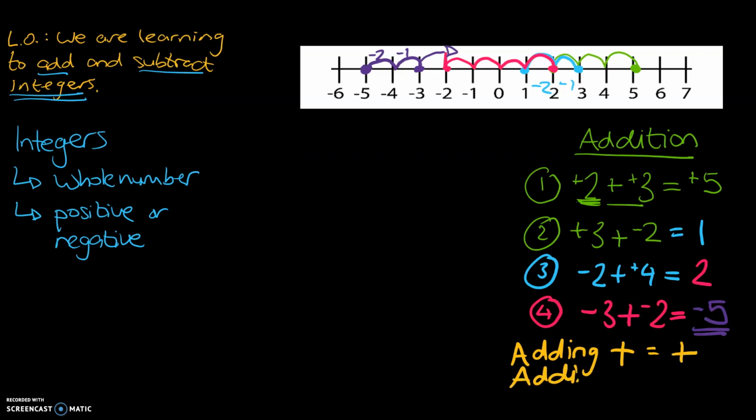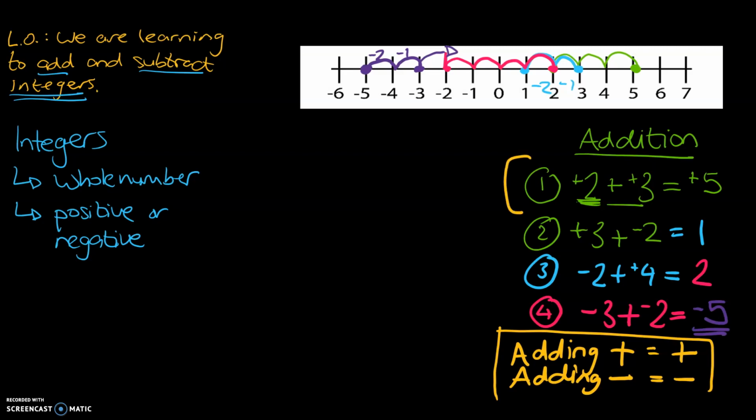And if you're adding a negative number, that just becomes negative. That's really important, and that's a skill that we're going to need eventually for fractions and decimals and our algebra as well. So adding a positive is the same as plussing, and adding a negative is the same as a negative.